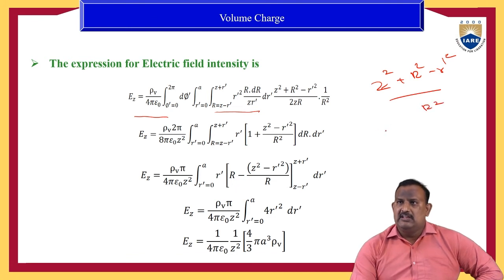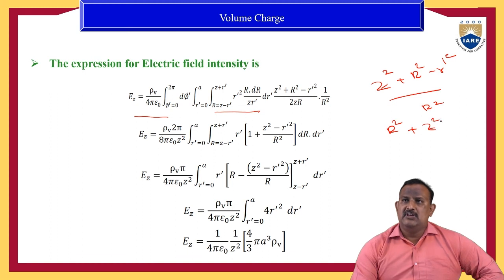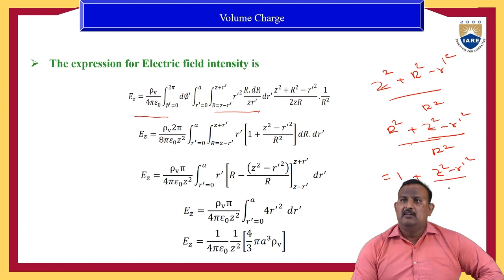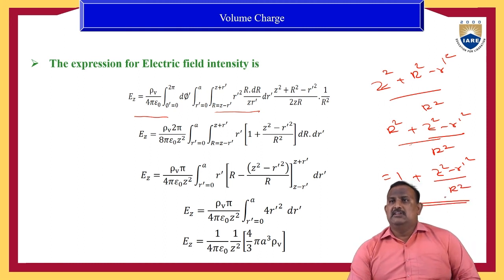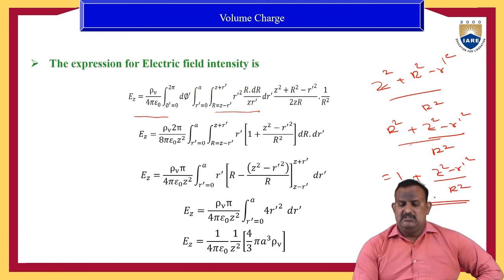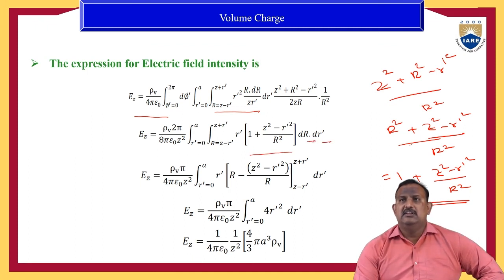Here we can rearrange the equation as r square plus z square minus r' square by r square. Therefore, the equation becomes 1 plus z square minus r' square by r square, into dr into r' square dr'.